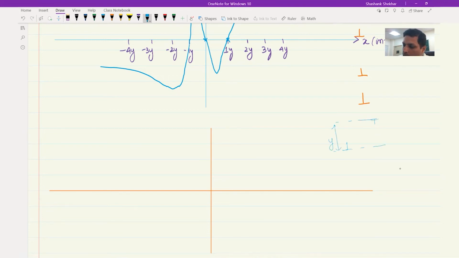And this is the distance x, at some angle which is equal to 45 degrees, which is of interest. And here, if you plot the graph, first let me put 1y, 2y, 3y, 4y, and over here minus 1y, minus 2y, minus 3y, minus 4y.